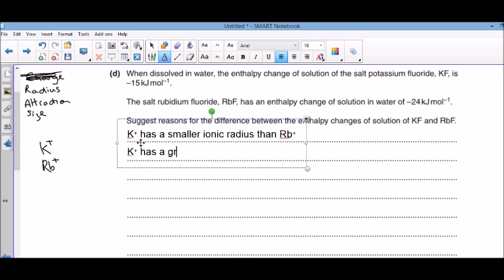And then we've done radius, then we're going to do attraction, so K plus has a greater attraction for F minus, and we can stick with that actually because we're talking about enthalpy of hydration. We can say K plus has a greater attraction for water molecules.